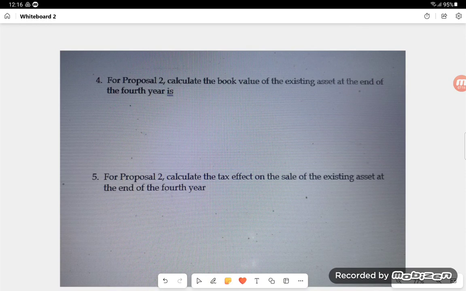Okay, number 4, calculate the book value of the existing asset at the end of the 4th year. The existing asset has an initial value of 80,000. And this is going to be multiplied by 1 minus, we would like to find the book value after the depreciation of the assets. The asset will be sold after 4 years as it's bought in 2010 and will be sold in 2014.